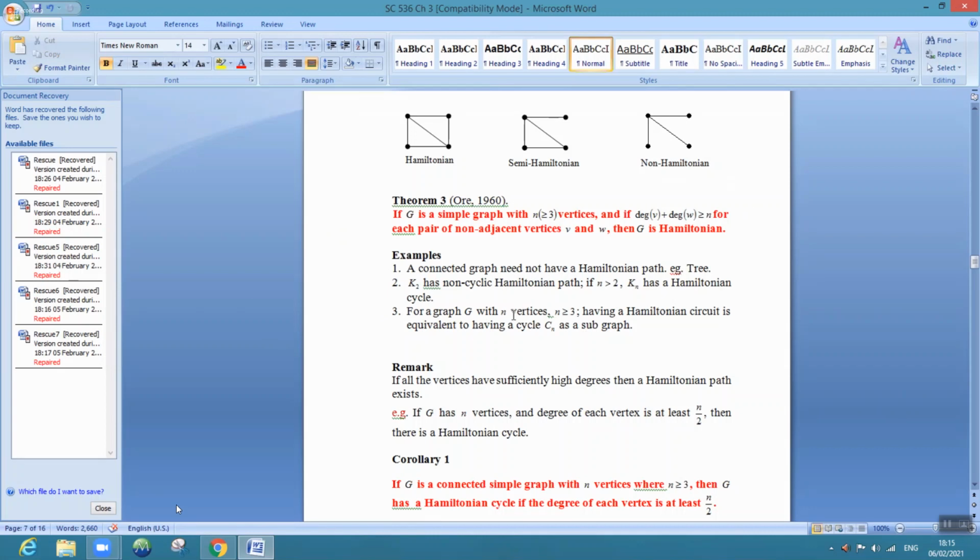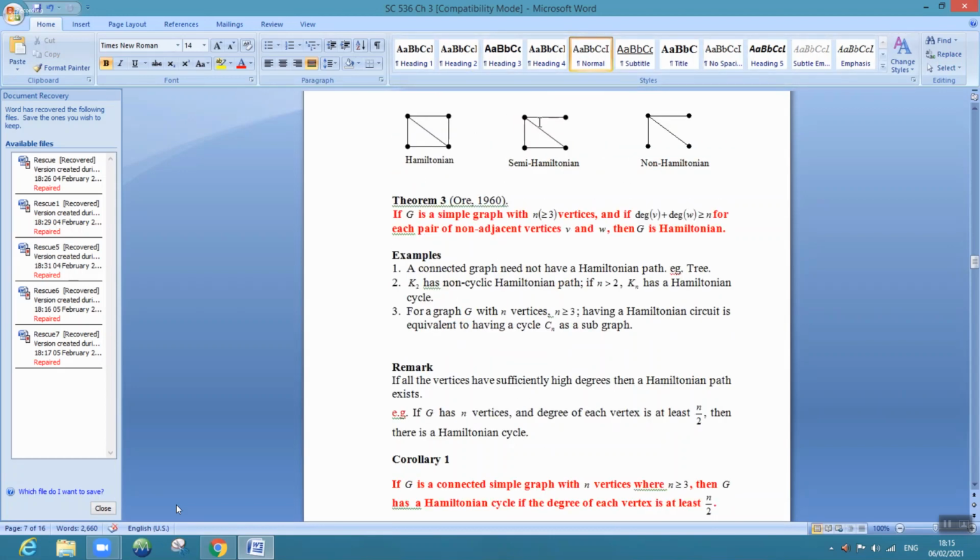For a graph with n vertices, n greater than or equal to 3, having a Hamiltonian circuit is equal to having a cycle. If the graph has a Hamiltonian circuit, that means it has a cycle as a subgraph. So this cycle has 4 vertices and includes all of them. If you can find a cycle containing all the vertices, then it's Hamiltonian.